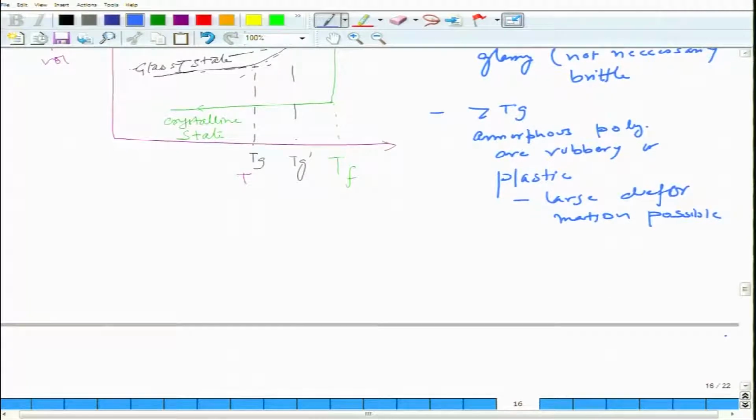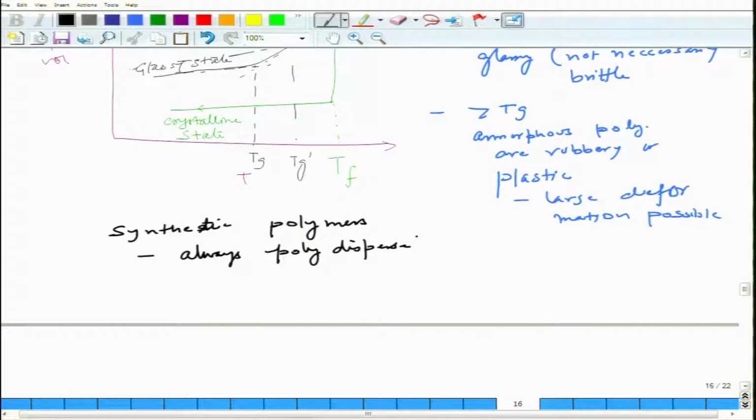Now, if you consider synthetic polymers, they are usually polydisperse. And how do you measure this dispersivity?